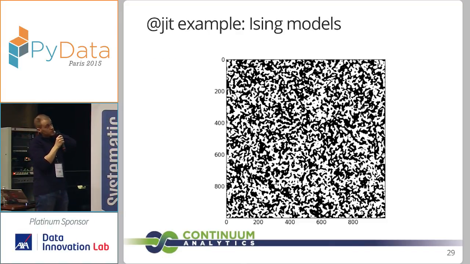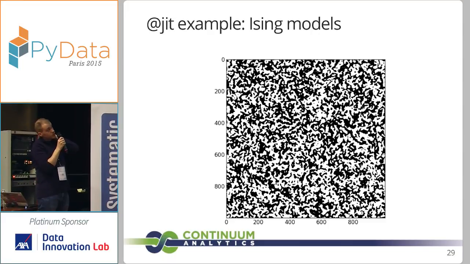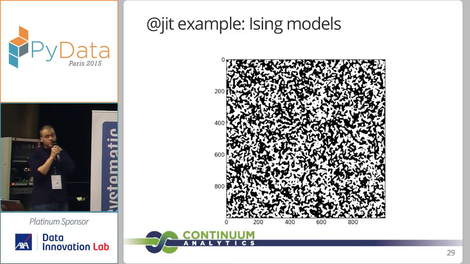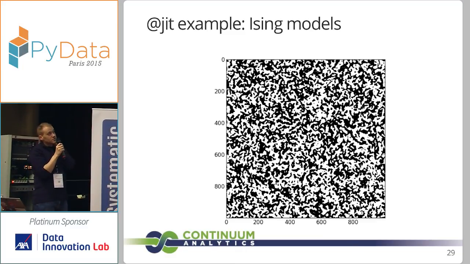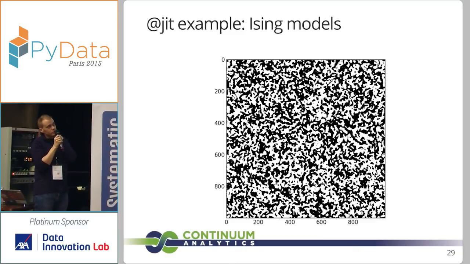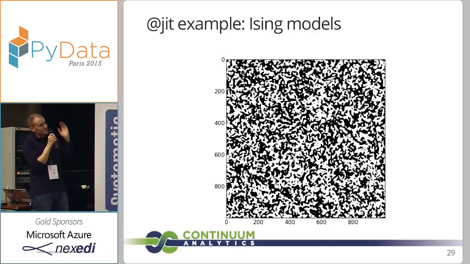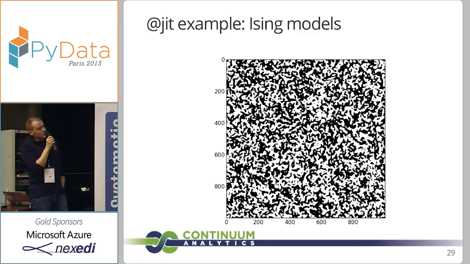So here is another example of using the jit decorator, a bit more of a real-world example, I think. It's something called Ising models. I don't know exactly what they are used for. They are used by physicists for, I don't know exactly, but yeah. The example was written by one of my colleagues. So an Ising model is basically a dynamic model where the state is a 2D grid of points.